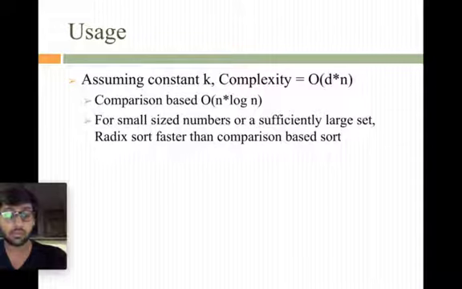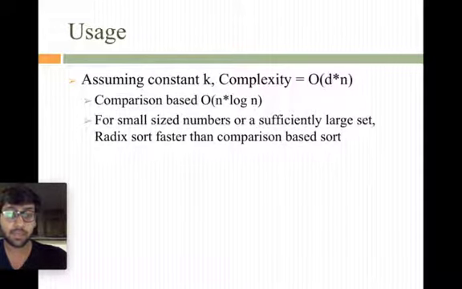As the other case, suppose I have only two-digit numbers, but I have say a million of them. Then the complexity of the Radix algorithm would be 2 into n, which is much preferable.